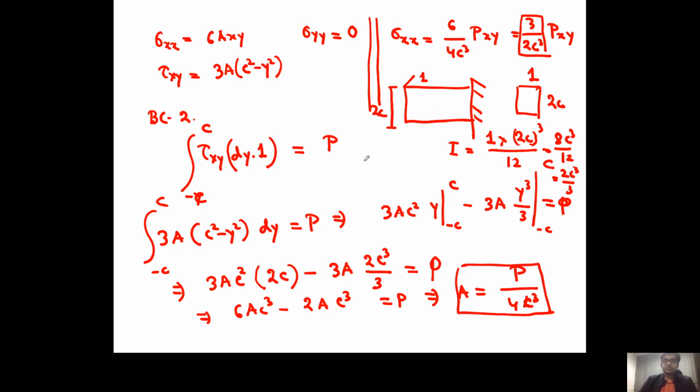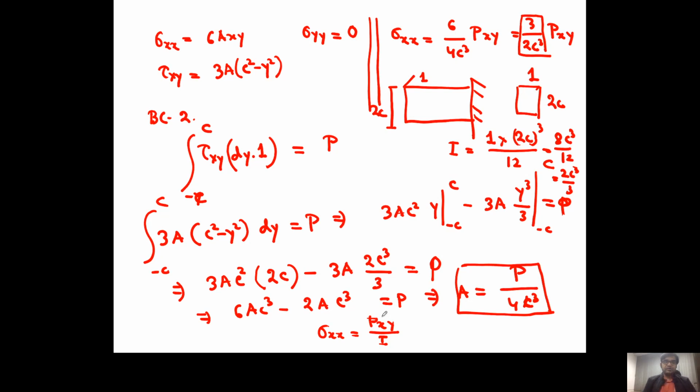Therefore, sigma xx is actually Pxy by I, right? Sigma xx is Pxy by I.